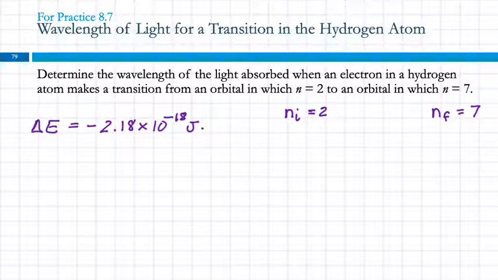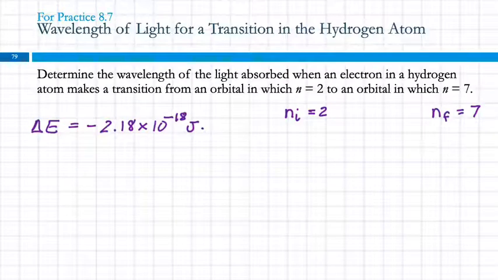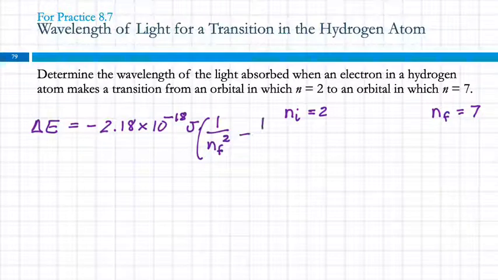Joules. I was blanking, getting it mixed up with Planck's constant in joule seconds. Times 1 over nf squared minus 1 over ni squared.